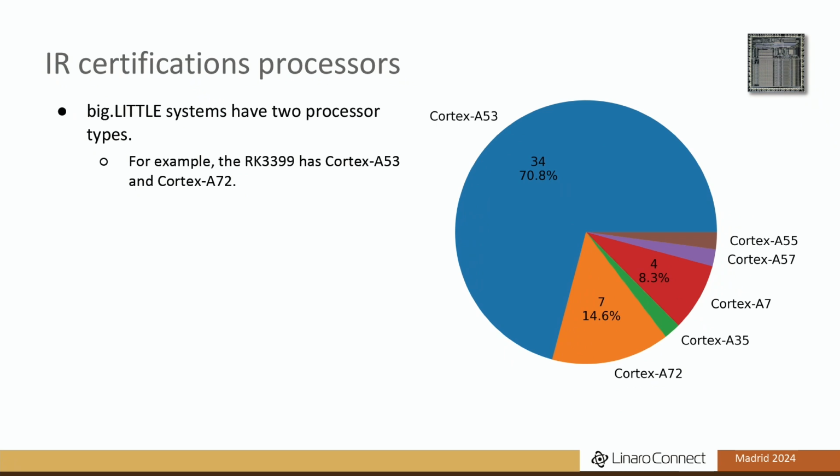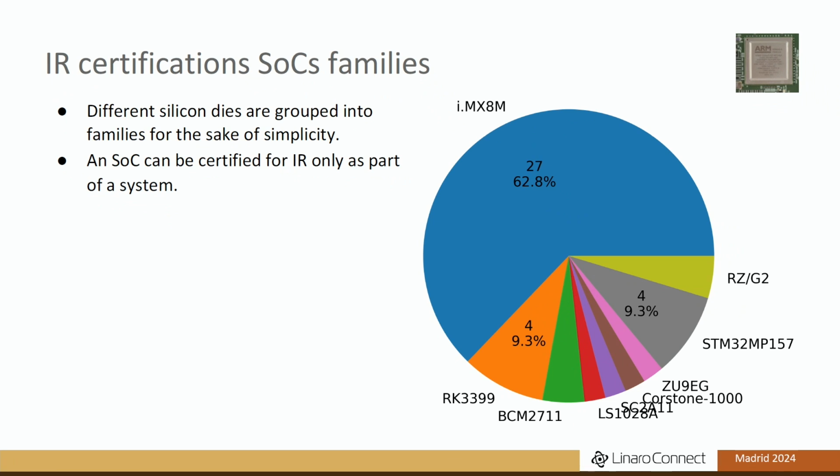And we'll have a look at the SoC data as well. Here we can see that the IMX family is really a success story for SystemReady IR. This is thanks to NXP being a lead partner in that program. And it works really well, the way we work with NXP on that family.